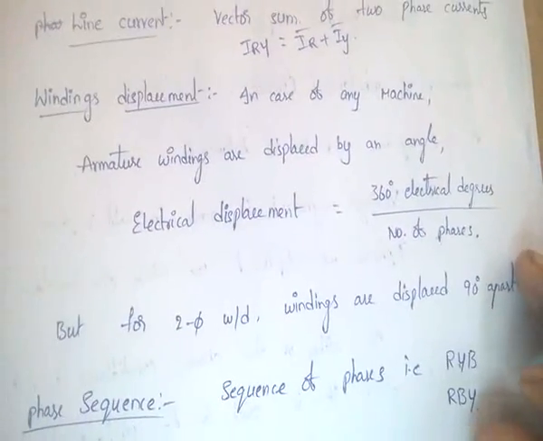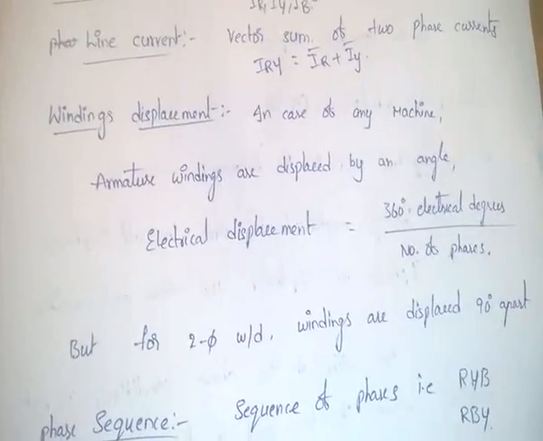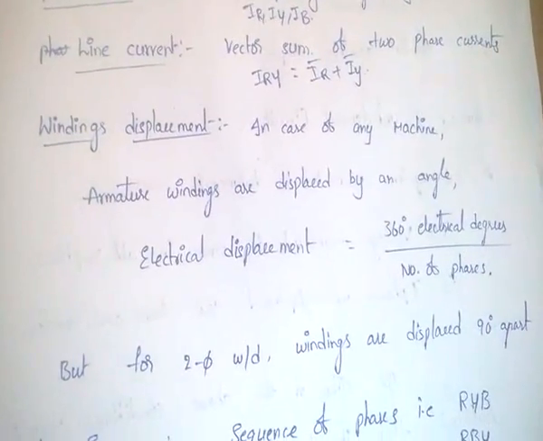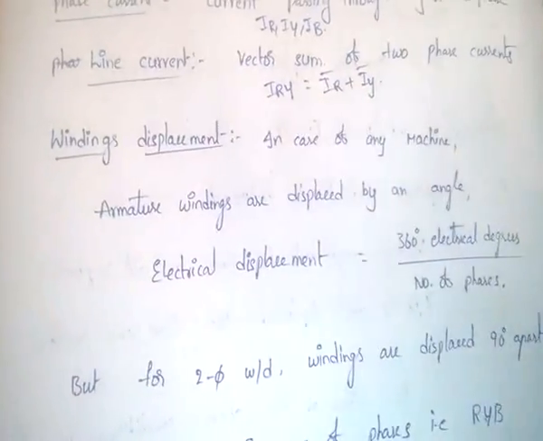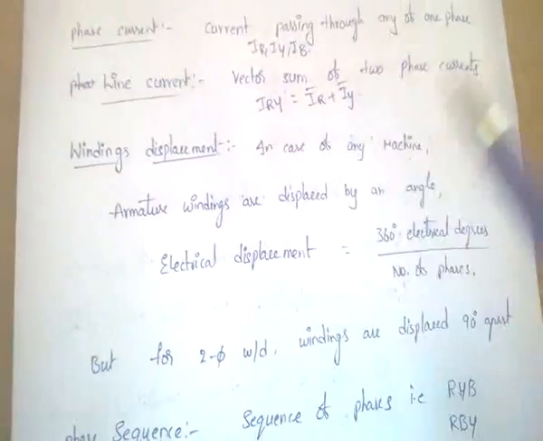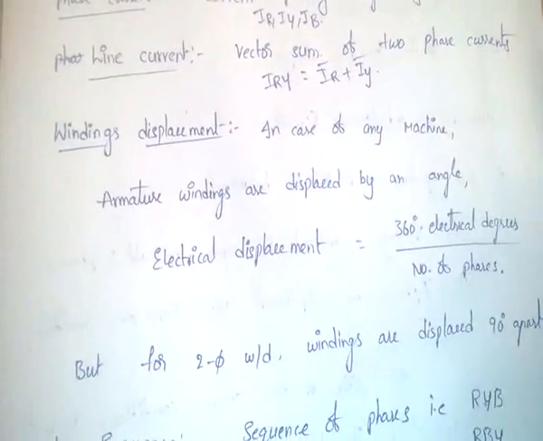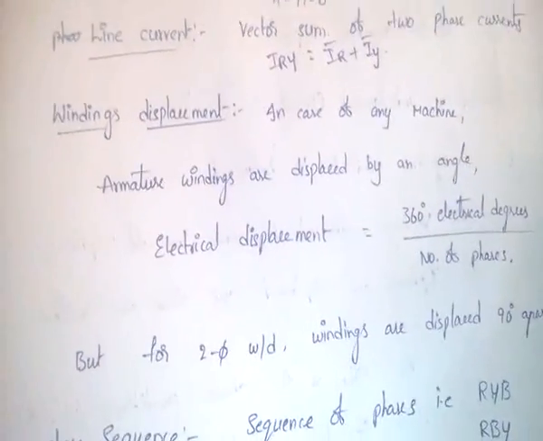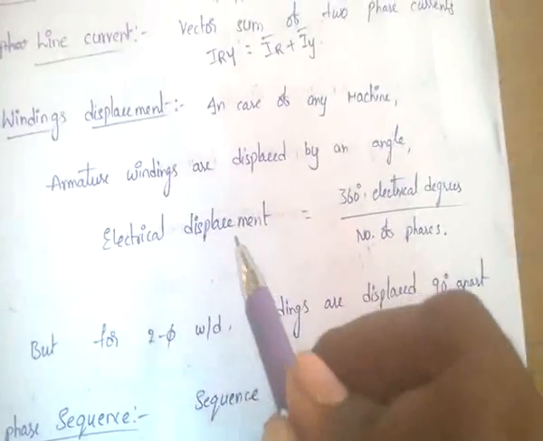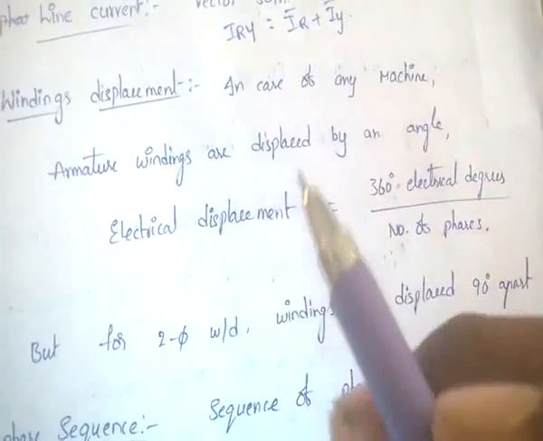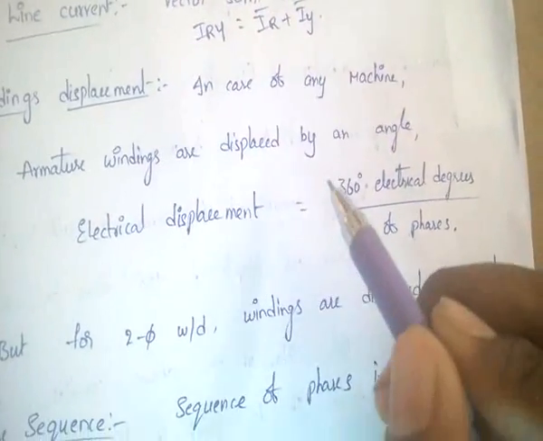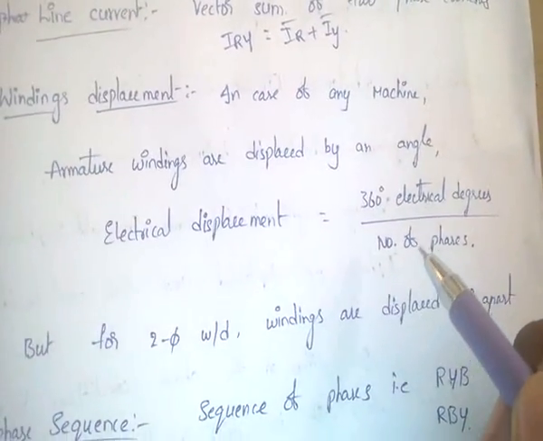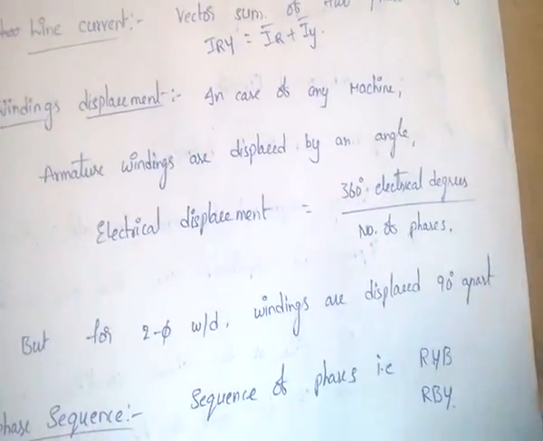Winding displacement means, in the case of three phases, how the windings are displaced. For example, in any machine, the armature windings are displaced by an angle. The electrical displacement equals 360 degrees divided by the number of phases.